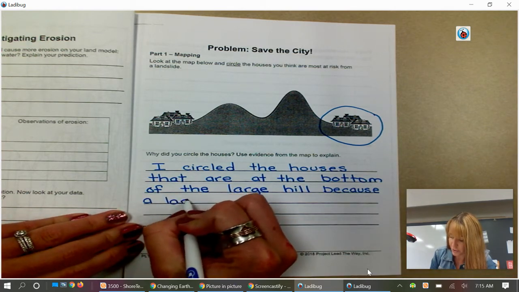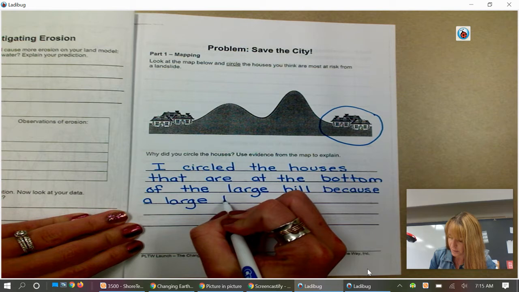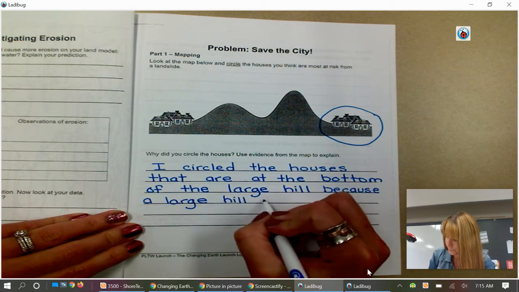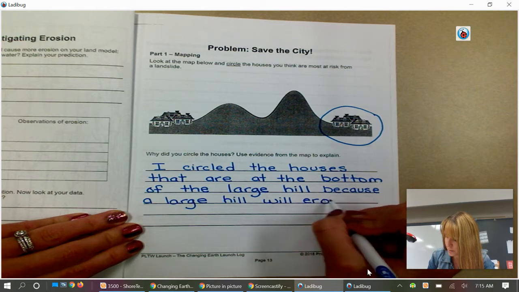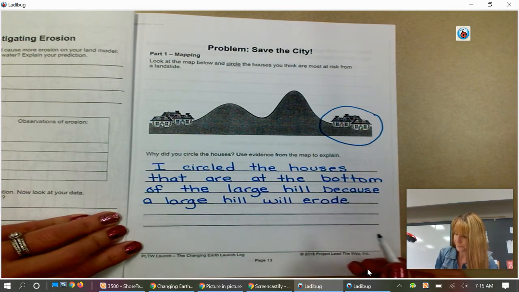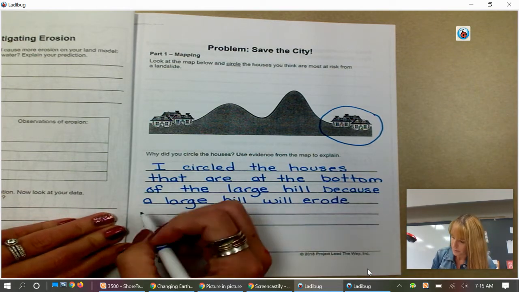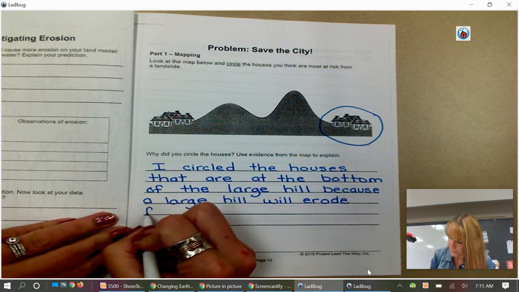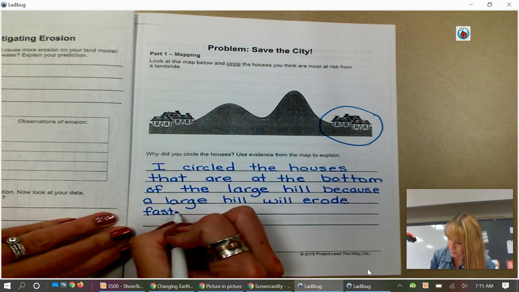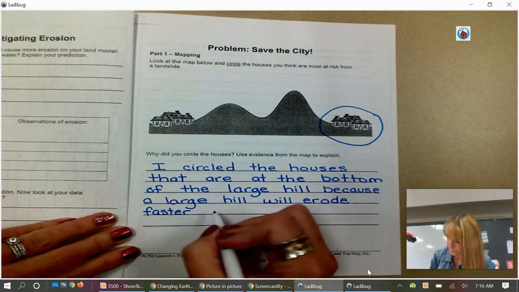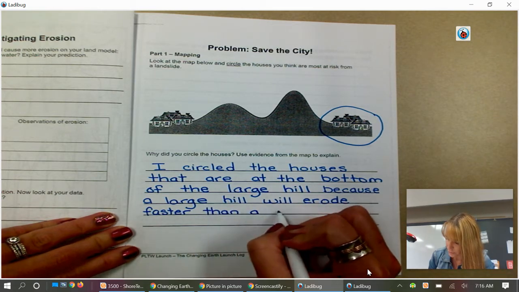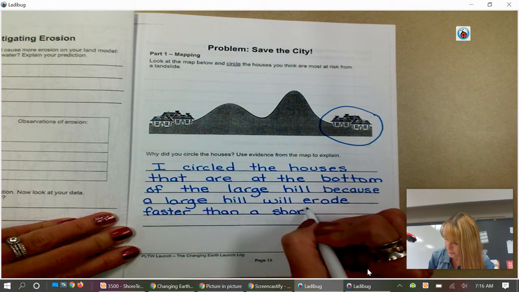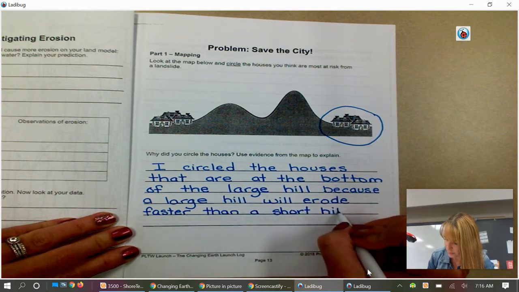a large hill will erode faster than a short hill.